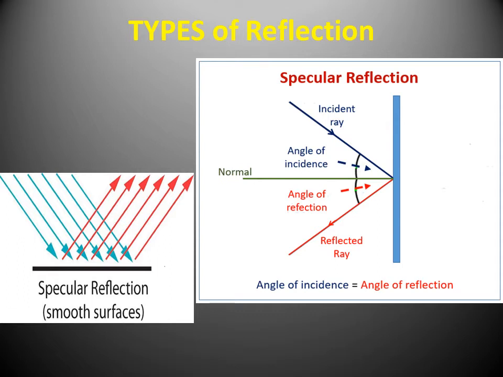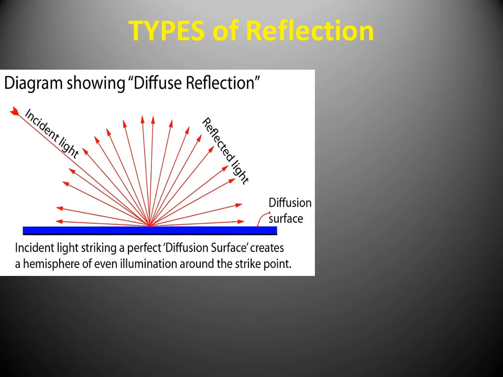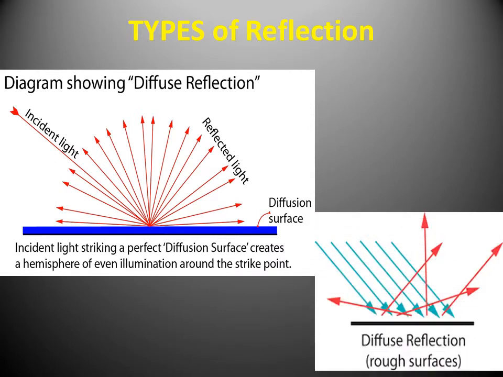This type of reflection is the reflection of light where the angle of reflected light equals the angle of the incident light, but on the opposite side of the surface normal. While diffuse reflection occurs on rough surfaces.